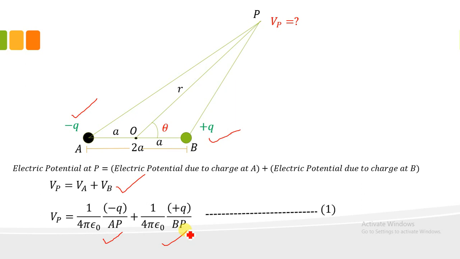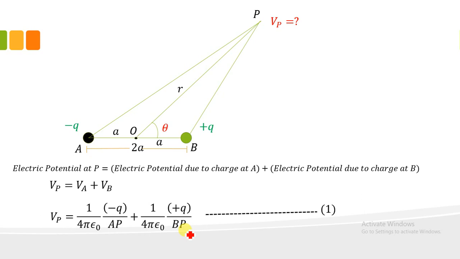We have to simply add these two and we will obtain the electric potential at P. What is important here is AP and BP. We don't have AP. So first we have to calculate AP and BP.